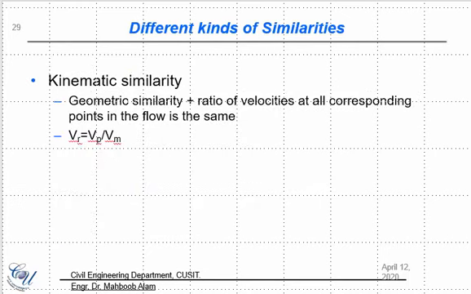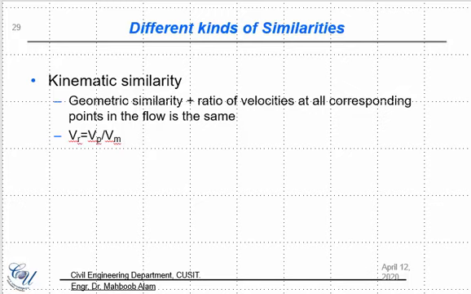Another thing that we have to ensure is the kinematic similarity. Kinematic similarity is basically the similarity of motion. There should be a geometric similarity, and then there should also be the similarity of motion, which basically is the ratio of velocity at all corresponding points in the flow of model and of prototype.